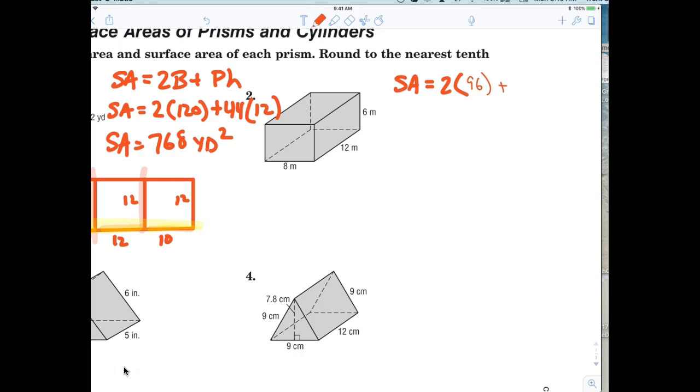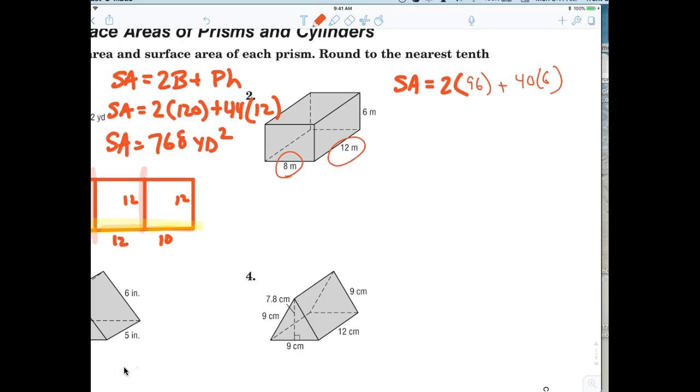Now the quickest way to find the perimeter is to add the length and the width and multiply that by what? 2. That's the quickest way. Don't multiply the length by 2 and the width by 2 and add them together. Add the length and the width and multiply by 2. So in this case, the perimeter would be 40, and the height would be 6. All right? Yes, ma'am.